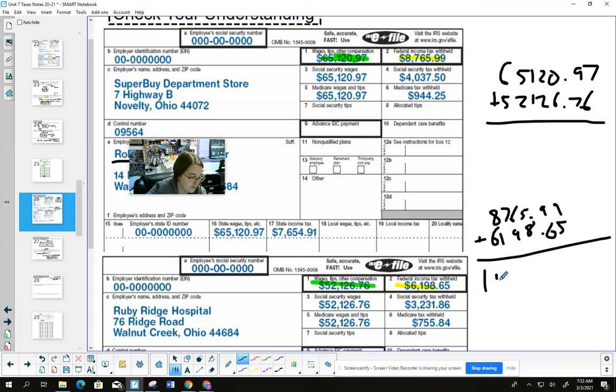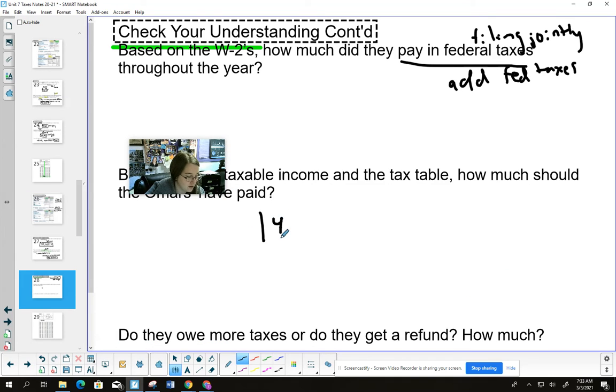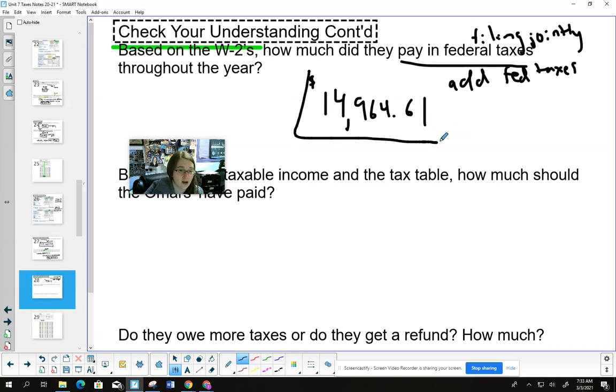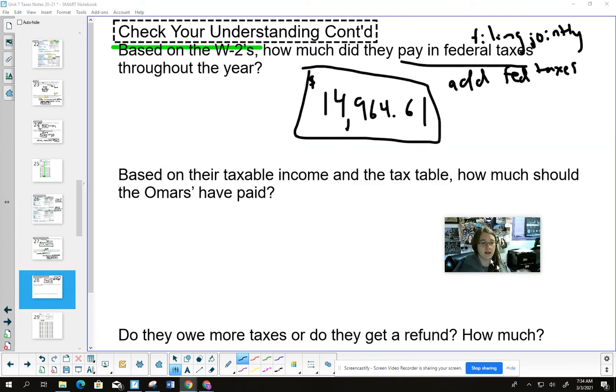Okay, so here's how much they've paid in taxes, 14,964.64. Okay, I'm going to copy that over here. Whoops, wrong one. 14,964.61. So again, when you file jointly, your incomes get added together and your taxes get added together.